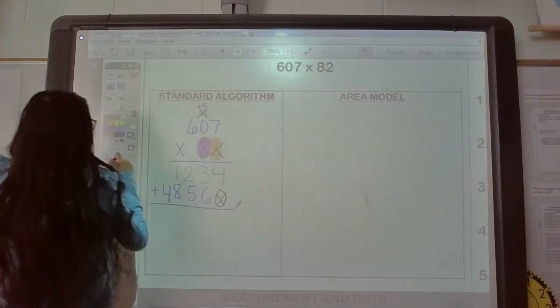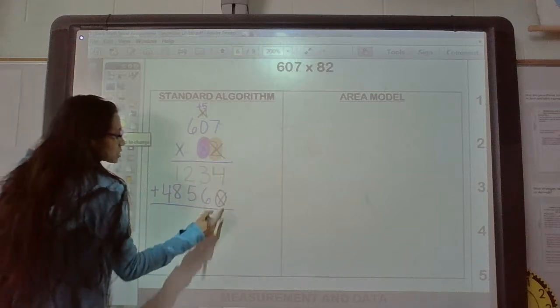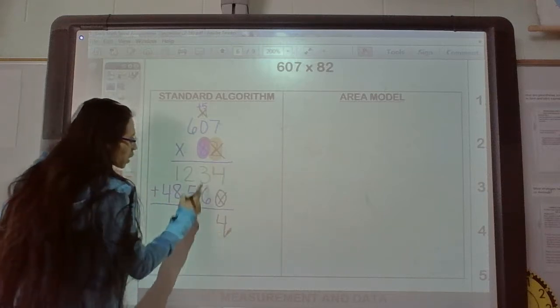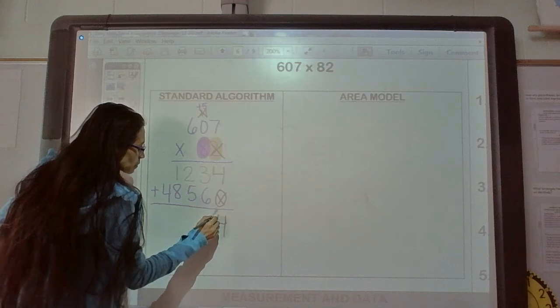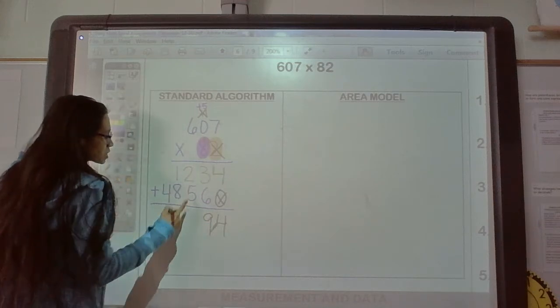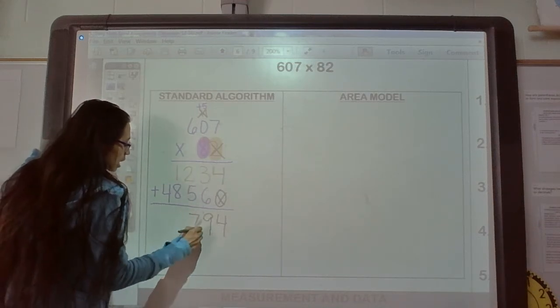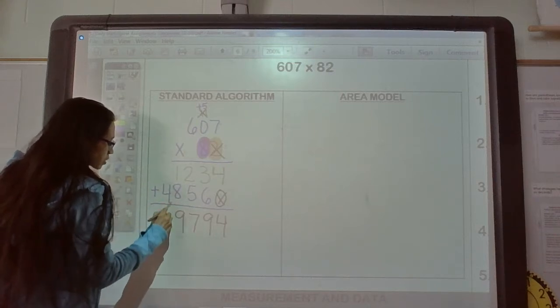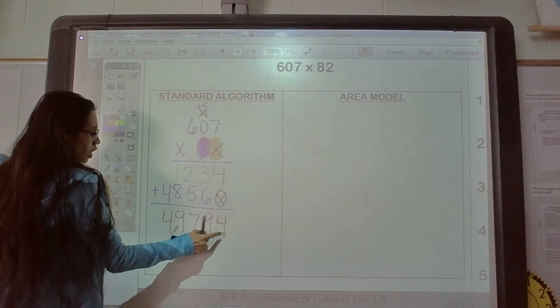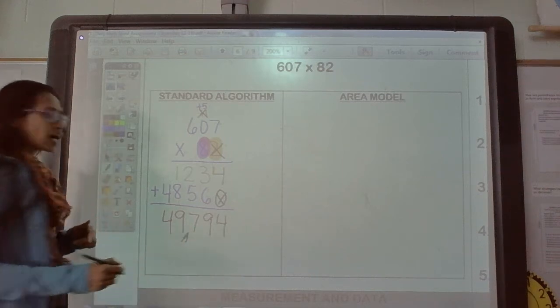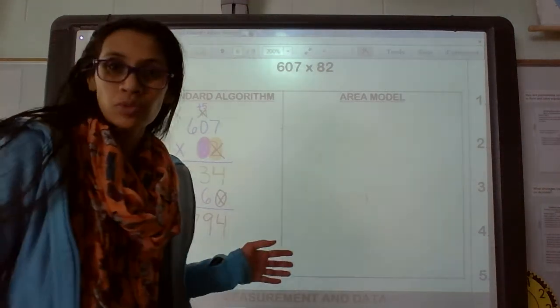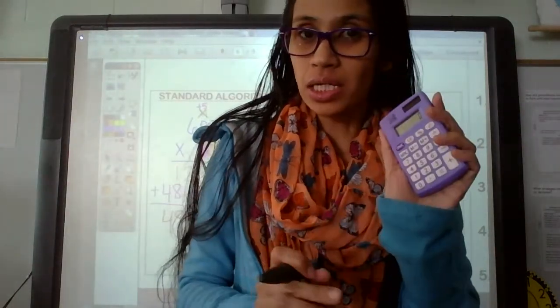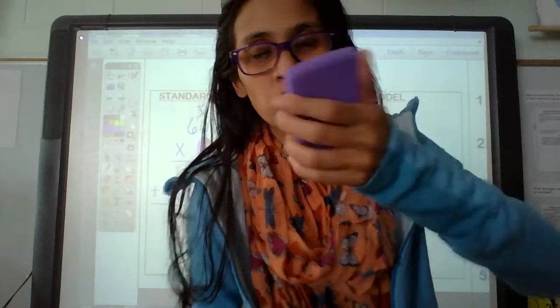Add those 2 numbers together. 4 plus 0 is 4. 3 plus 6 is 9. 2 plus 5 is 7. 1 plus 8 is 9. And then bring down that 4. Put your comma. 49,794. Now, before we move on, let's go ahead and check that with our handy dandy calculator.